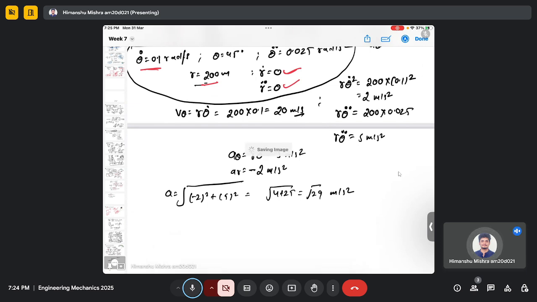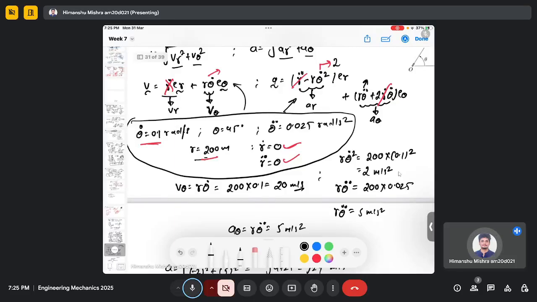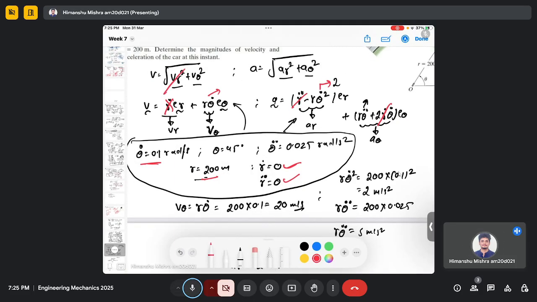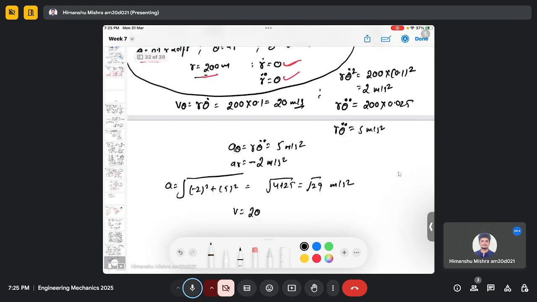And the magnitude of velocity is 20, because my vr is 0 and vanishes, so v equals v theta. So in that case v will be 20 meter per second, the magnitude of v, and this will be the magnitude of acceleration.